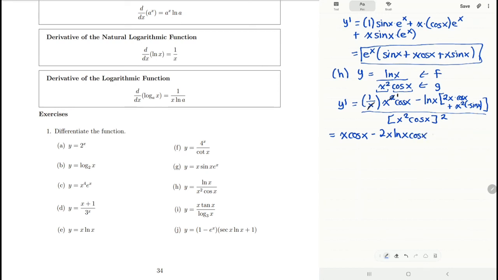And then we have plus x squared times the natural log of x times the sine of x. And this is all over x squared times cos of x squared. So we can apply the power to both the functions. So this would be x to the 4 times cos squared of x.